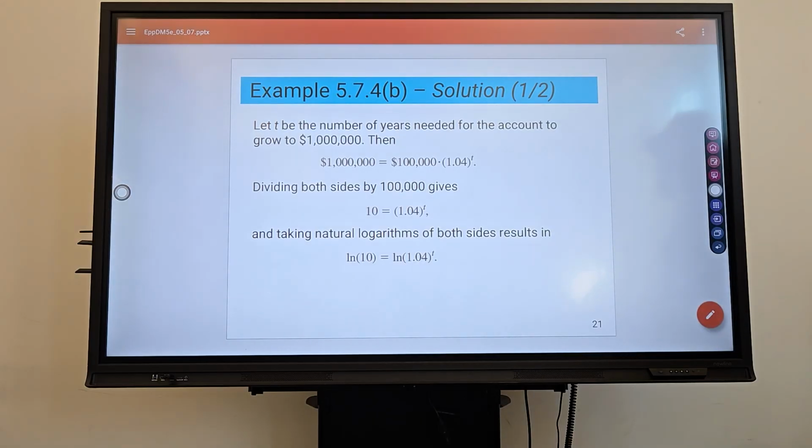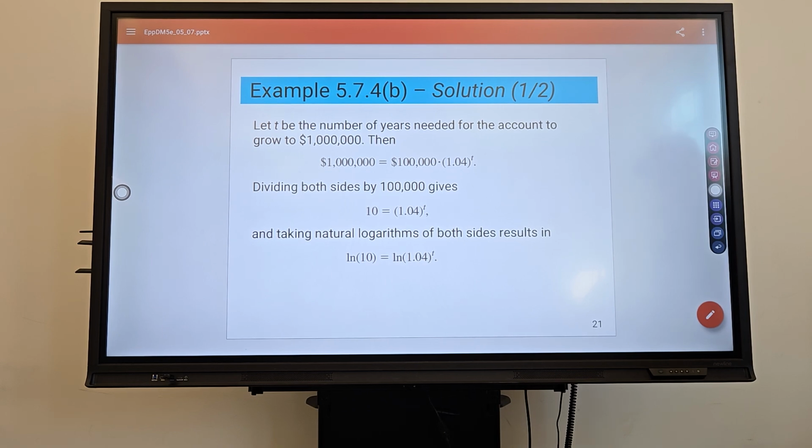Let t be the number of years needed for the account to grow to $1 million. Then 1 million equals 100,000 times 1.04 to the t power. Dividing both sides by 100,000 gives you 10 equals 1.04 to the t power.